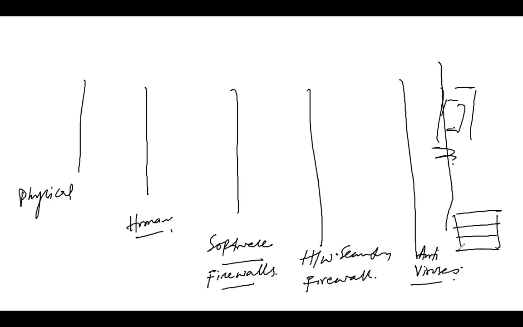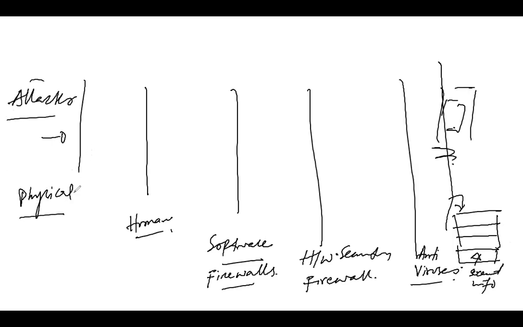For example, if the attacker enters from here, then you can keep the most confidential information, the most secret information, here at the last stage. So you are engaging the attacker at multiple levels, and you are creating a buffer zone as well.